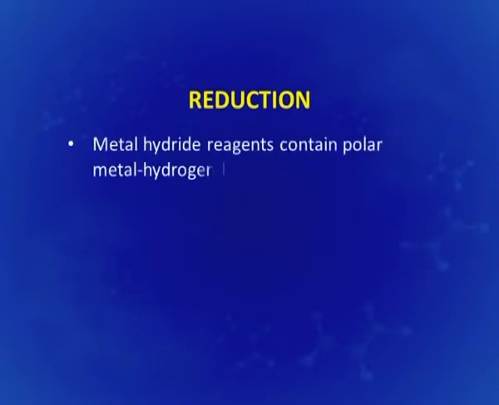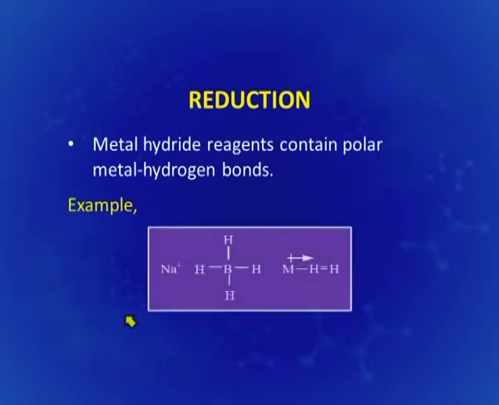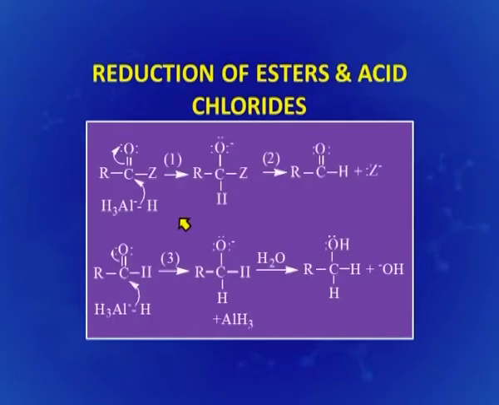So, the metal hydride reagents contain a polar metal-hydrogen bond, because metals are electropositive and the hydrogen attached to the metal is comparatively electronegative, which creates a dipole moment. In the mechanism, the first step is the lone pair of electrons on hydrogen as hydride interacting with the electrophilic carbon atom, with polarization of the electrons towards oxygen.